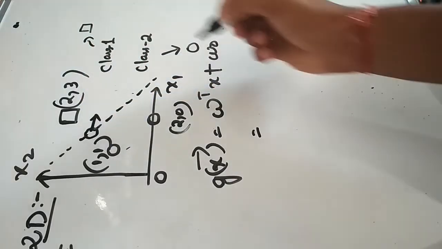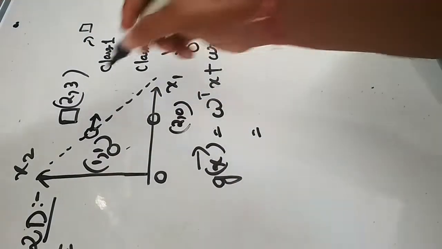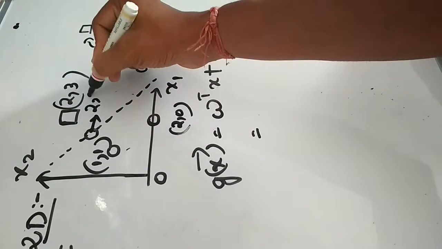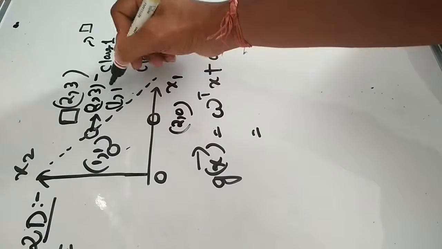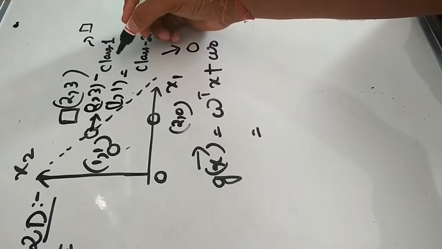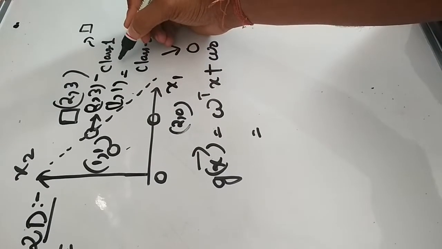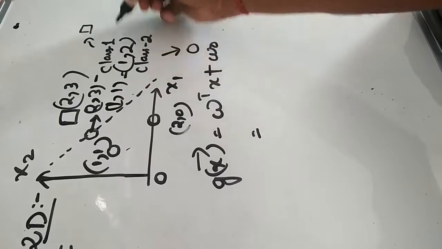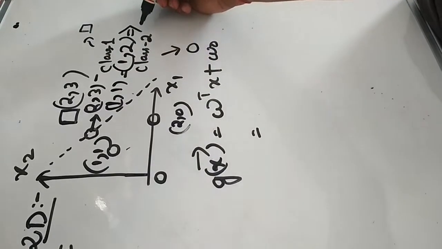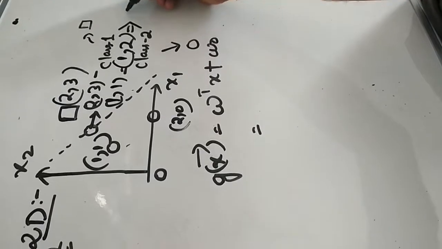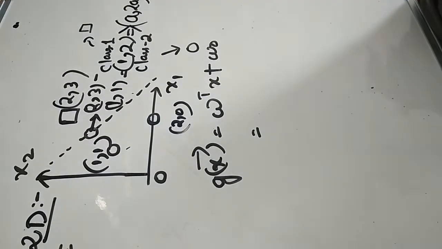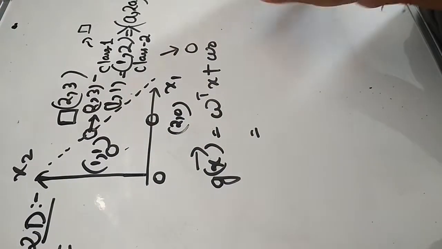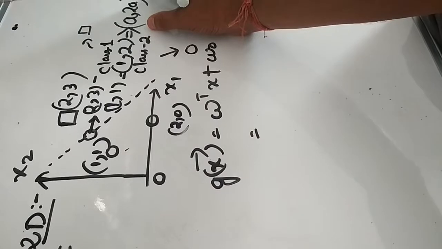We can find this point by subtracting 2 comma 3 minus 1 comma 1, that will be 1 comma 2, or it can be represented like a comma 2a. So after that we will solve. So this will be now considered as the weights.